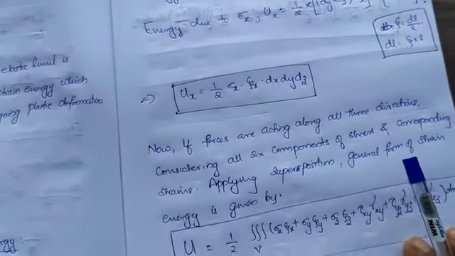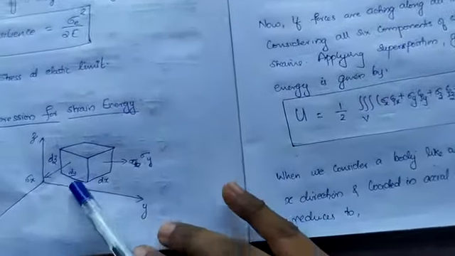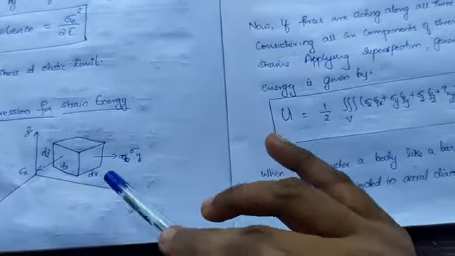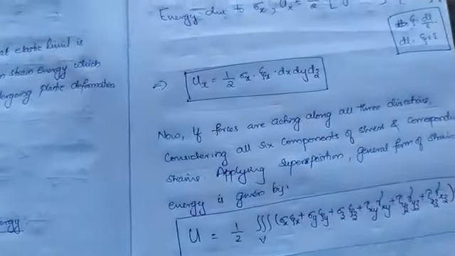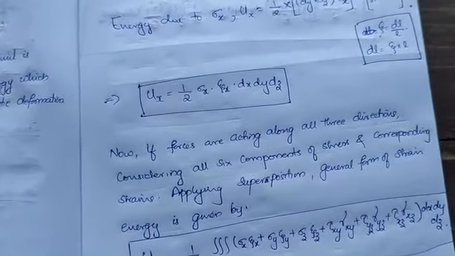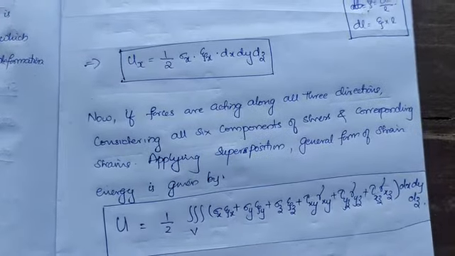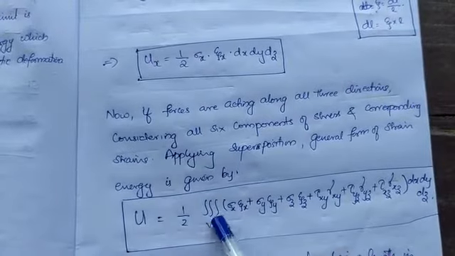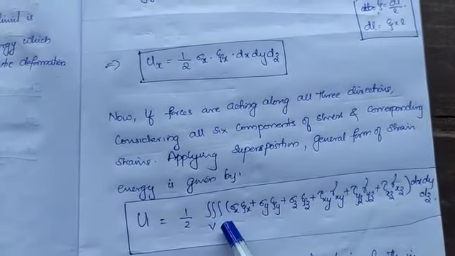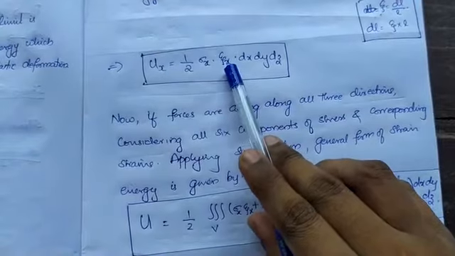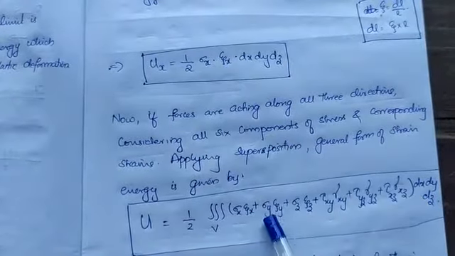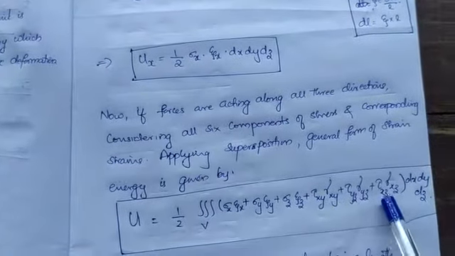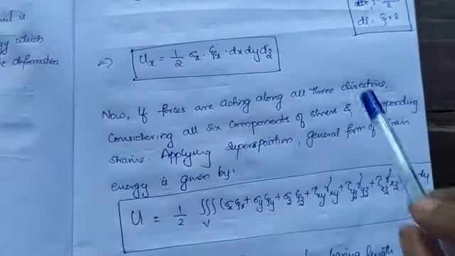Similarly, if we need to find it for the whole structure, having all sorts of stress like sigma x, sigma y, sigma z and also shear components, if all the 6 components are available, then the equation becomes 1 by 2 into the triple integral, volume integration, of sigma x epsilon x plus sigma y epsilon y plus sigma z epsilon z plus the shear components, the whole into dx dy dz.